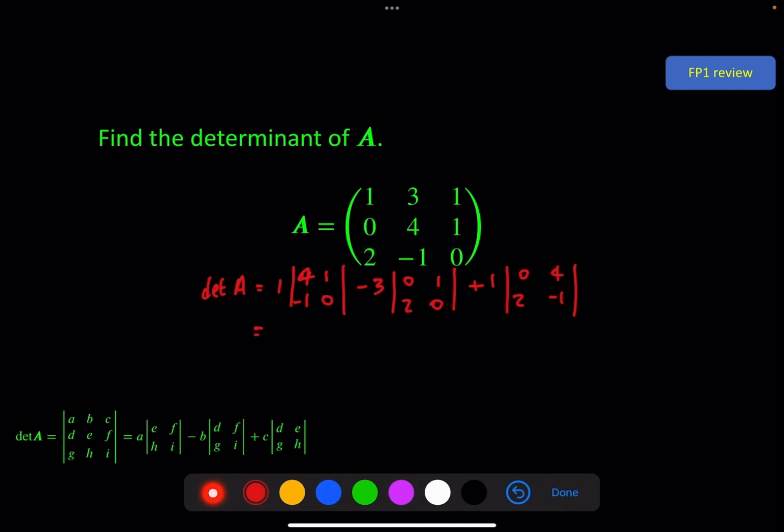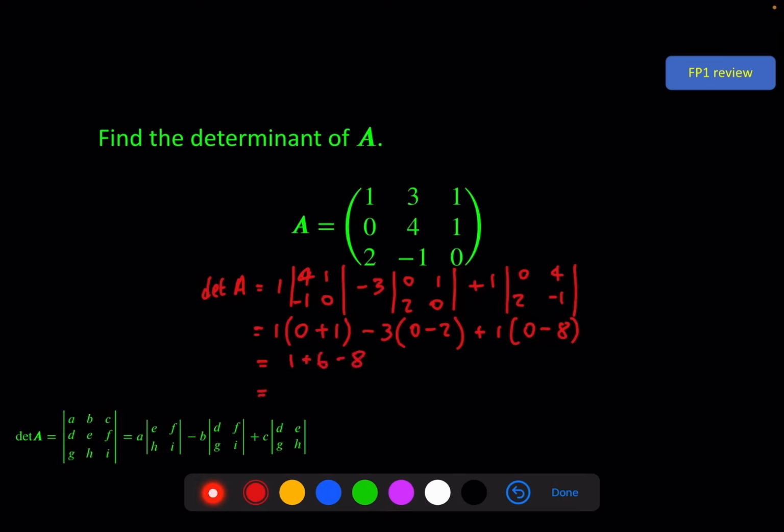To do these determinants, we do A times D minus B times C. So we've got 4 times 0 minus 1 times minus 1, which is 4. 0 minus 2, which is minus 2. 0 minus 8, which is minus 8. So we get 1 plus 6 minus 8, which is minus 1.